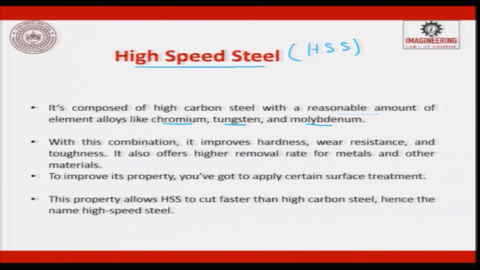With this combination, it improves hardness, wear resistance and toughness. It also offers high material removal rate of metals and other materials, because it should be 50% harder than the workpiece. To improve the property, you have to apply certain surface treatments; coatings of HSS are also tried today.